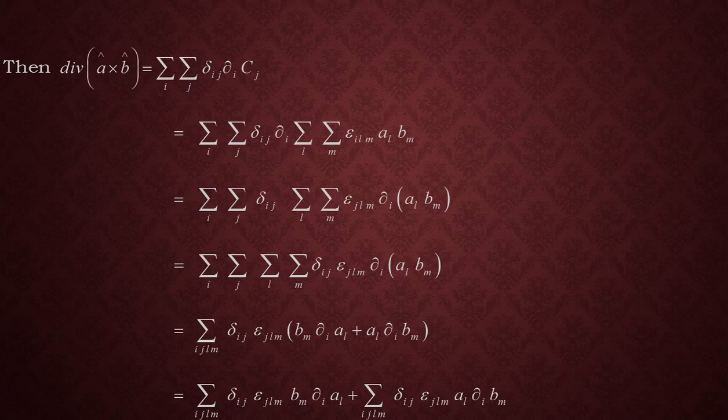Now we can write all the summations together at one place. Then we obtain div of A cap cross B cap equals summation sigma over i, summation sigma over j, summation sigma over l, summation sigma over m, delta suffix ij epsilon suffix jlm times Bm dou i Al plus Al dou i Bm.